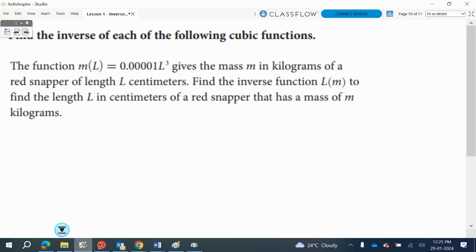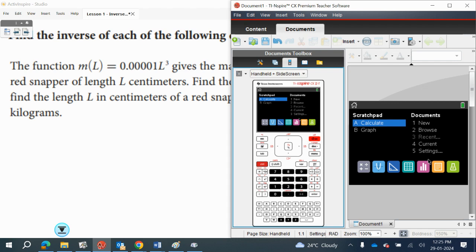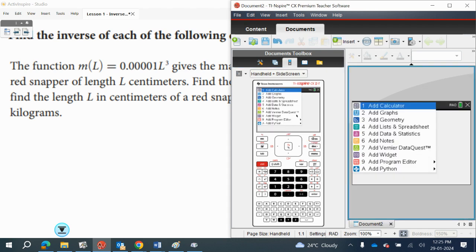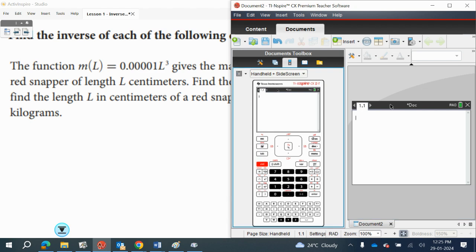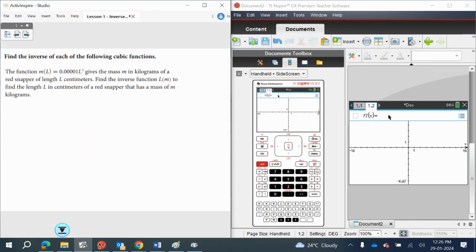Get your calculators out, everybody. You got your calculators? Mine always shows me that. The website, you plug in your directory, you go to the website.